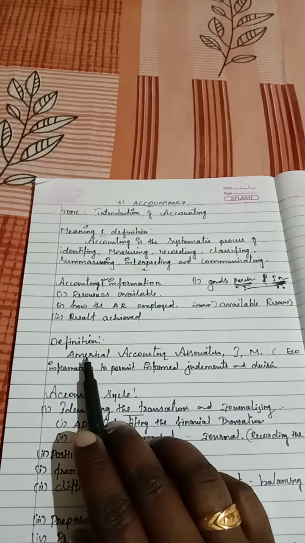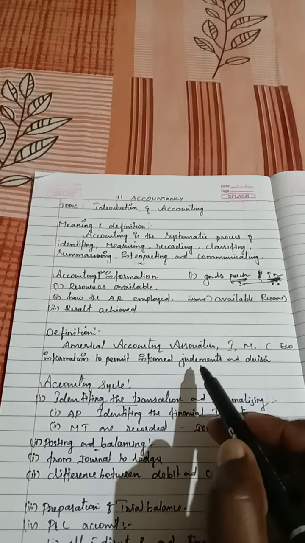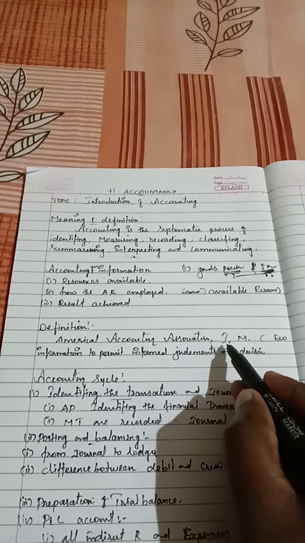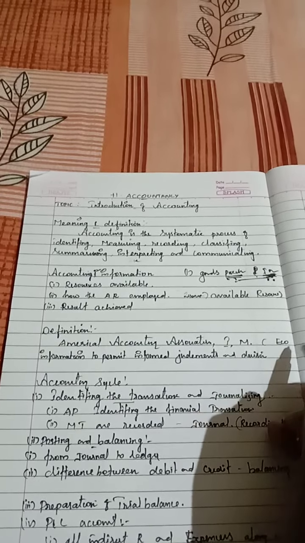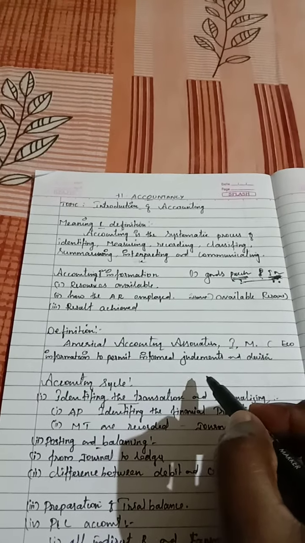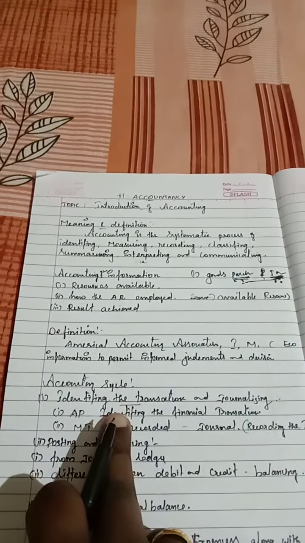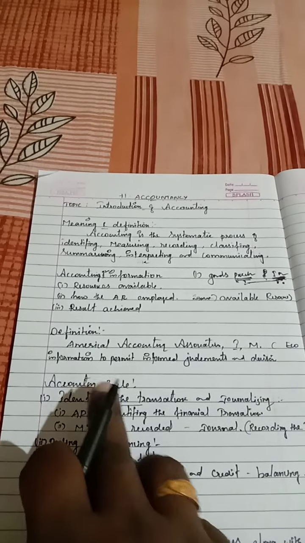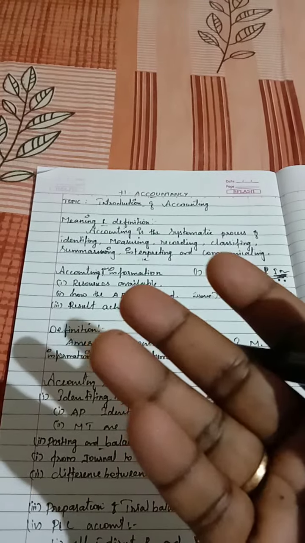Third one, definition. The American Accounting Association has defined accounting as a process of identifying, measuring and communicating economic information to permit informed judgment and decisions by the users of the information. That is known as accounting.